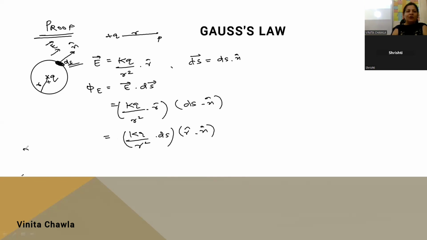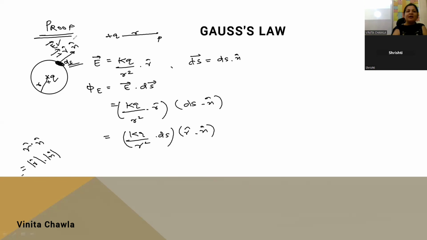Now we're taking the dot product of two unit vectors. What is the magnitude of a unit vector? It's 1 because it's a unit vector. So magnitude of r cap into magnitude of n cap into cos theta, where theta is the angle between these two unit vectors. Now you can see the n cap is pointing away from this charge. So is the r cap, because direction of r cap is same as that of electric field. Electric field is always away from positive charge, and therefore r cap is also away from positive charge.